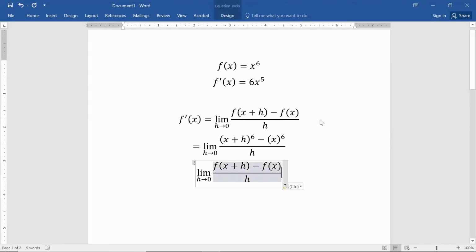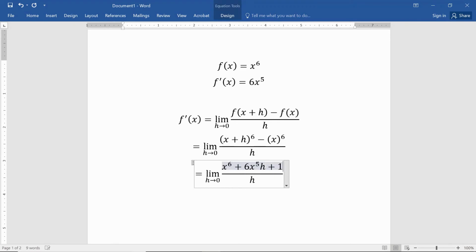So I'm just going to go ahead and compute that on my own. If I plug in x plus h to the 6th power, when you expand that, I get x to the 6th plus 6x to the 5th times h to the 1st.